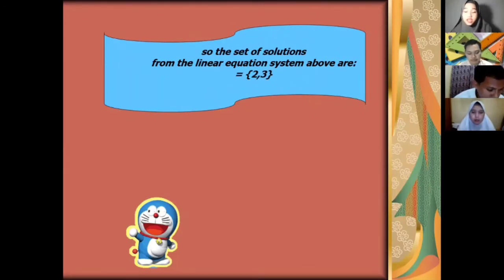Now, for the combination method, you can use the combination of elimination and substitution. To shorten your time, you can learn through the reference I have provided.